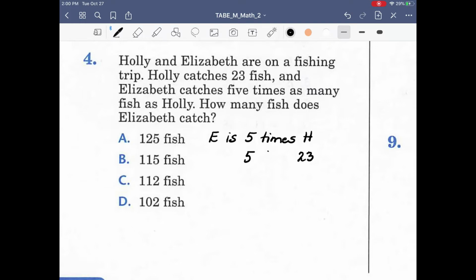So Elizabeth is 5 times 23. And this time we don't have to do this by hand. Don't you love that? 23 times 5 means Elizabeth is 115 fish. That's a lot of fish.